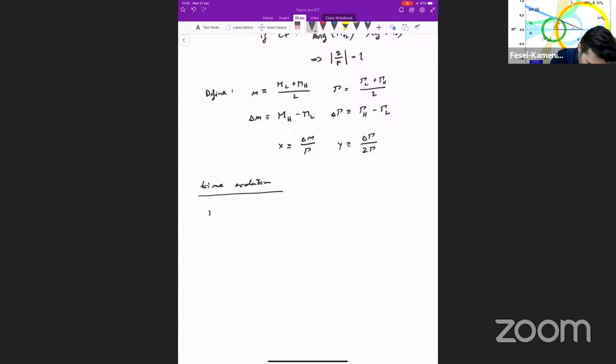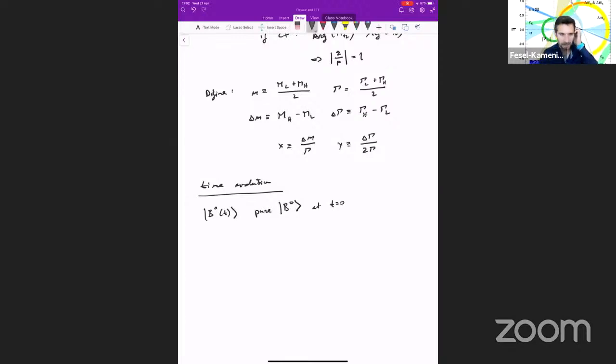So let's consider the time evolution of B⁰(t), which will be defined by a state which evolves from a pure B⁰ at t equals 0.